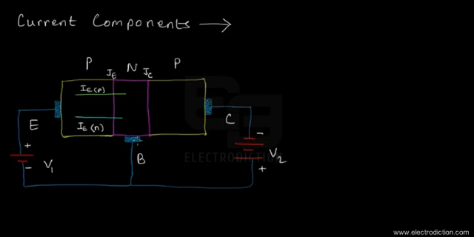And similarly from the base, the electron current component that constitutes the emitter current flows into the emitter section of the BJT and enters over there as minority current carriers as well, since this emitter section is p-type doped material. So together both of them would constitute what we know as the emitter current.